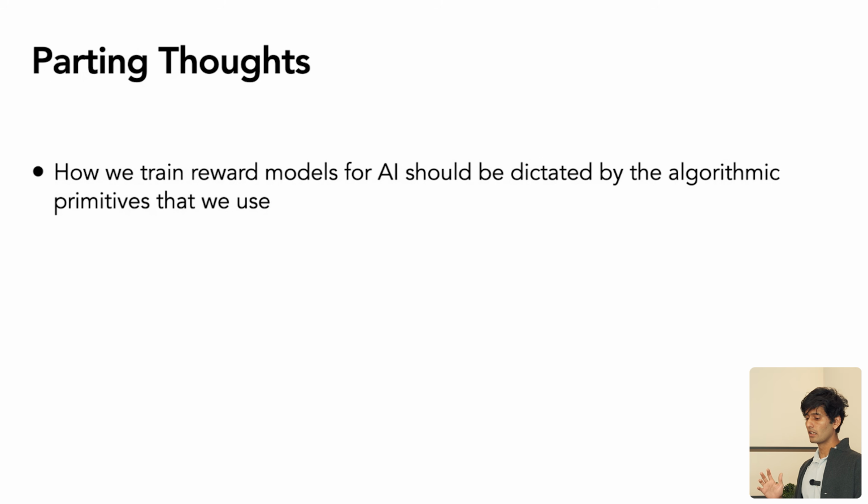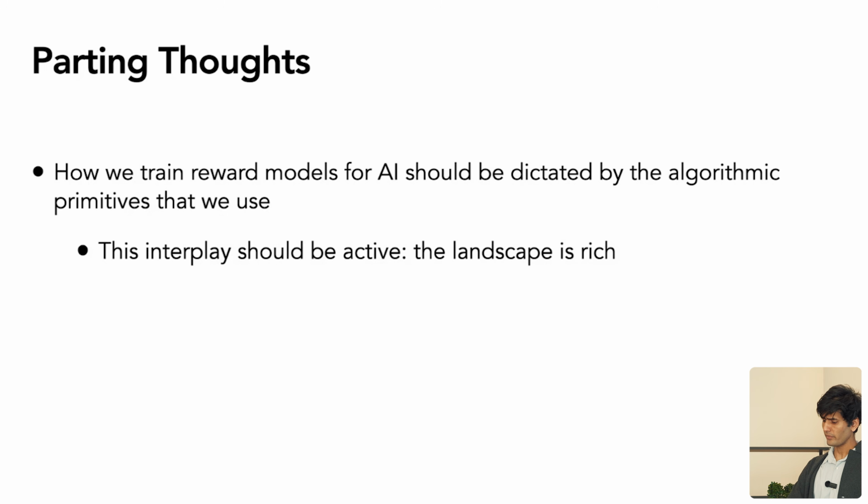This is particularly interesting because the landscape of what you can do at inference time is particularly rich, and one should be cognizant of how one trains their models given how you are going to use them at inference time. This interplay between the algorithmic landscape at inference time and how we train our models should be very active because the landscape is extremely rich. So it's a worthwhile exercise to think about how we train our models, given that we are going to be using them in increasingly sophisticated ways.